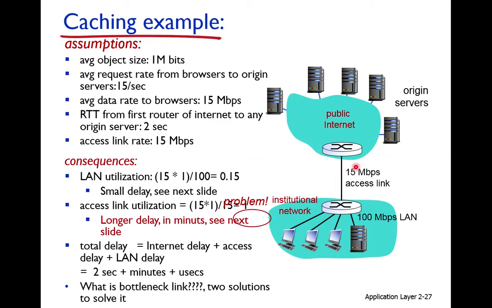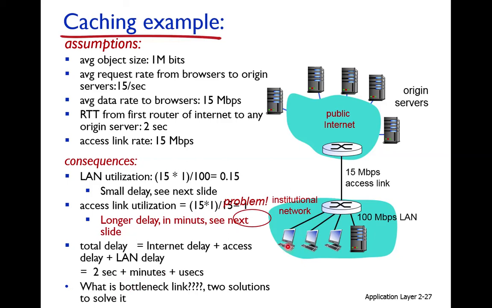When the objects are forwarded on the access link, the utilization is 1, so the delay will be in minutes. And on this part, suppose its delay is 2 seconds, as we have assumed the RTT is 2 seconds. So in this case the delay is 2 seconds plus minutes plus some microseconds, so the delay will be in minutes.